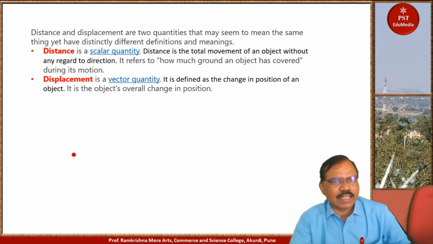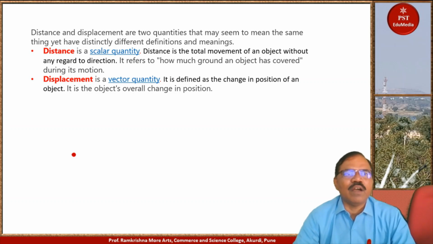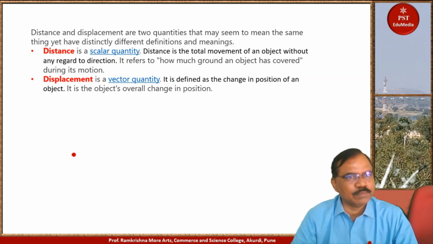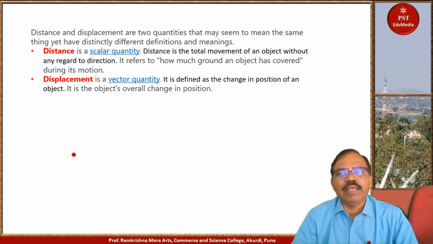Distance and displacement are two quantities that may seem to mean the same thing, yet have distinctly different definitions and meanings.